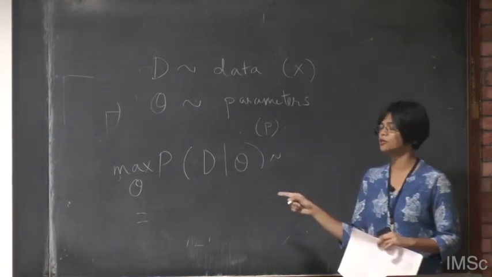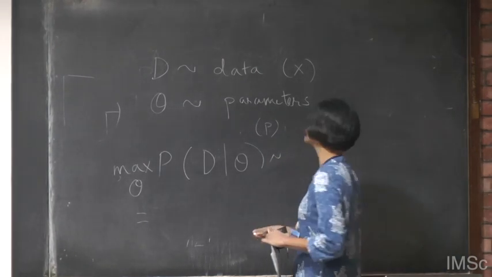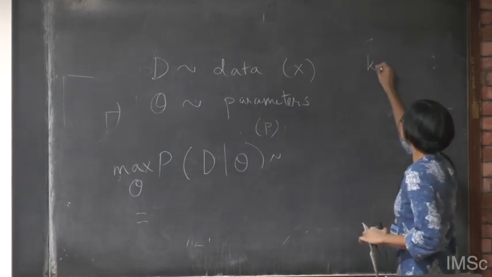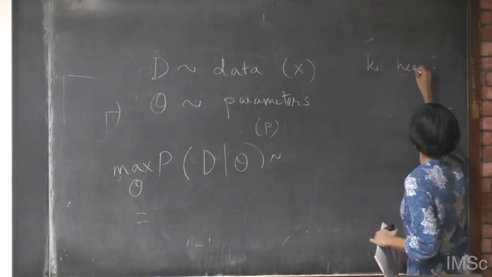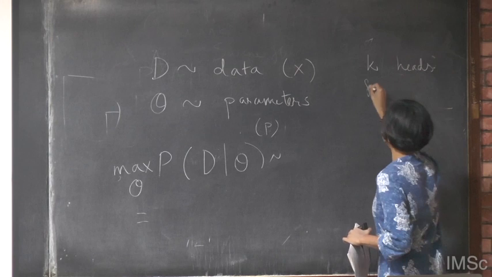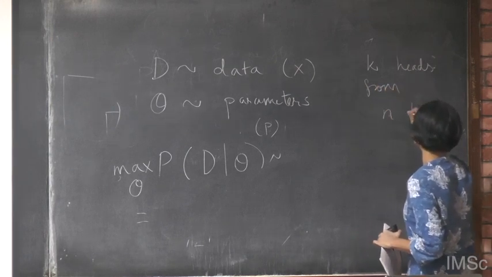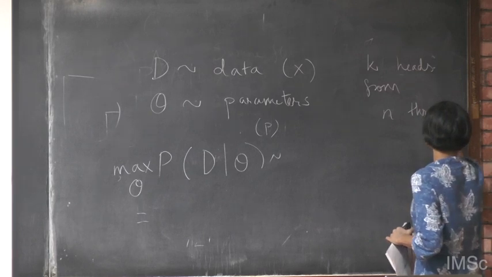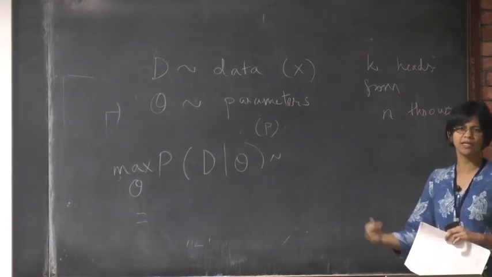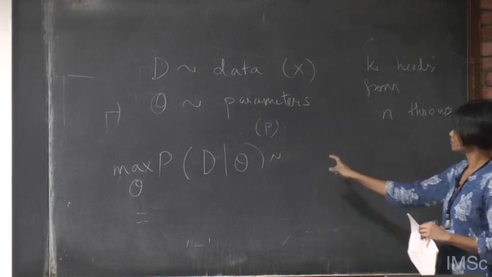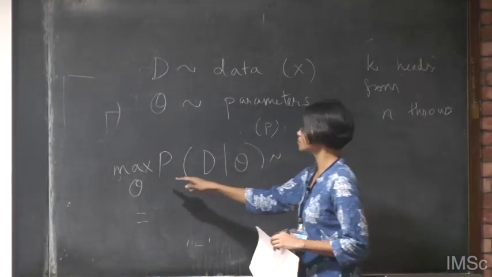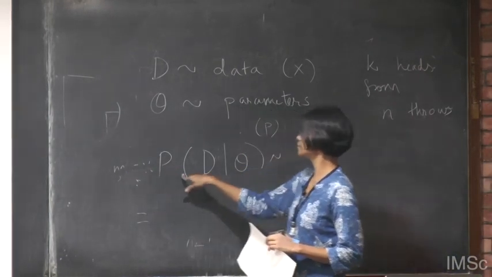So what is the probability, let's make it more abstract, of seeing k heads from n throws, or n tosses? What is this probability? Forget about the maximization, this function.